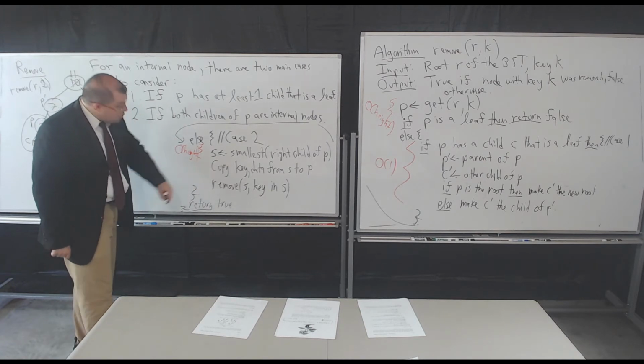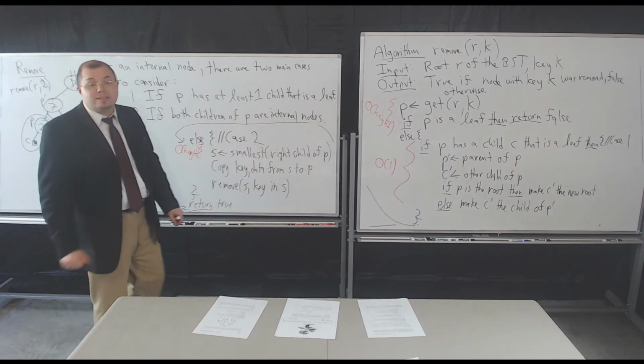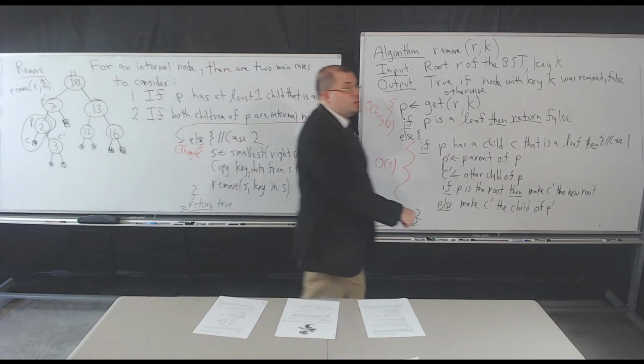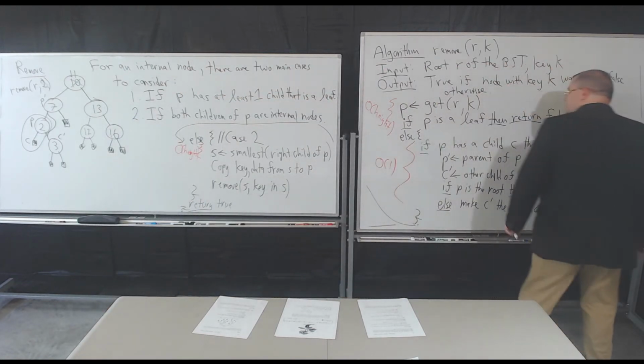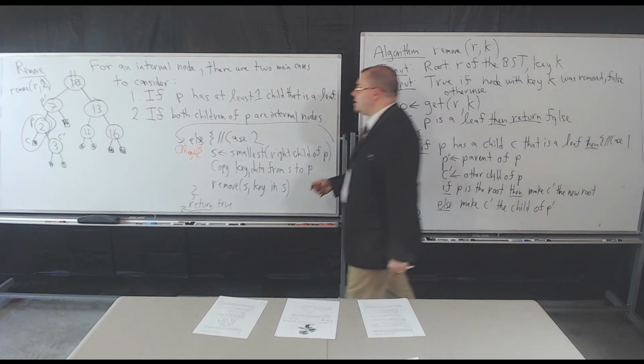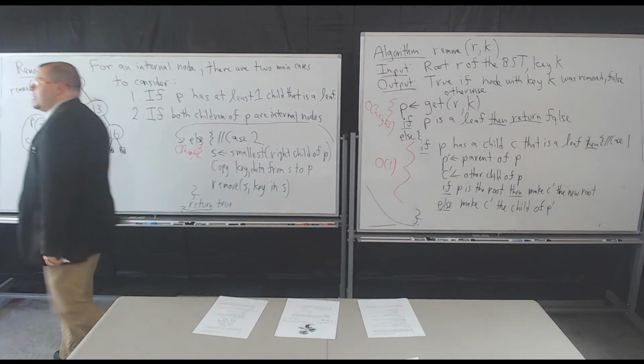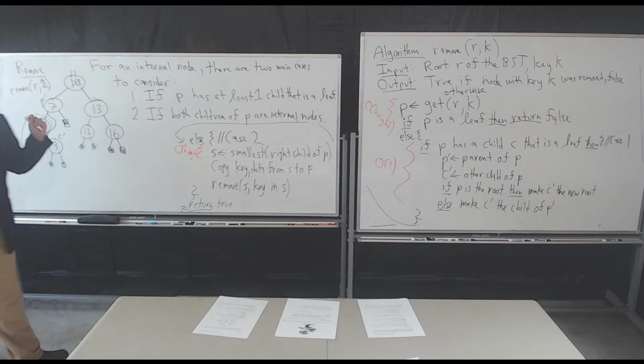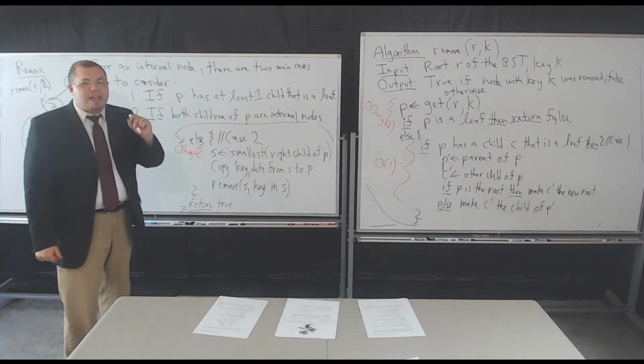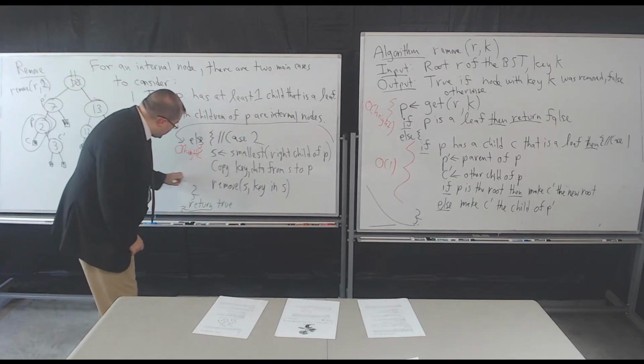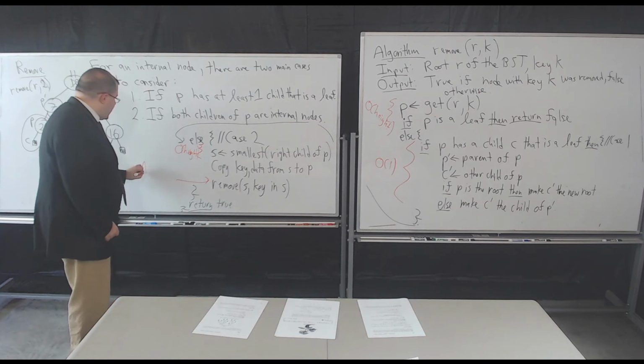Well, remove is applied to the successor of the node you're trying to remove, which by guaranteeing we've always computed the smallest, we go all the way to the left, and we can guarantee that it's always going to fall into case 1. So I should point out that this is always case 1.